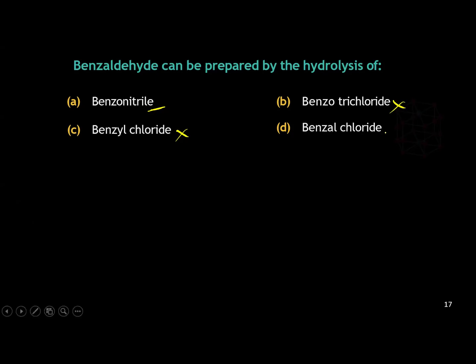What about this benzyl chloride? Which is nothing but C6H5CHCl2. If you remember, I told you either you use the benzene group with a toluene or you use the toluene substituted, which is nothing but CH2Cl. That is what benzyl chloride means.